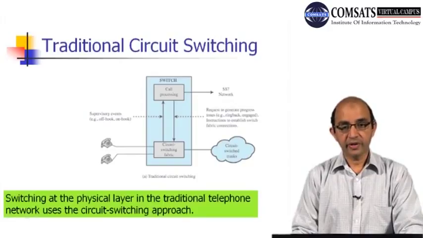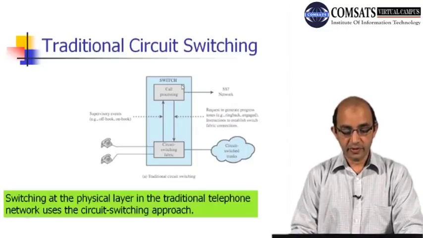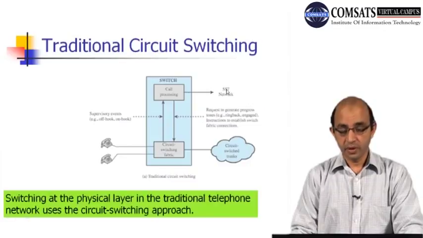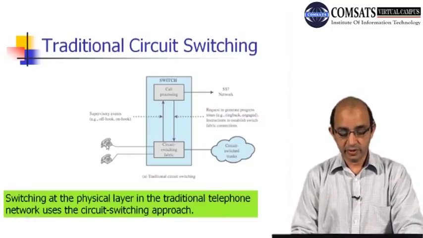Here we have an example of traditional circuit switching. You can see we have a traditional PBX. This is a switch, and we have protocol support on this PBX, that is SS7, and here we have different phones, or you can say subscriber lines.